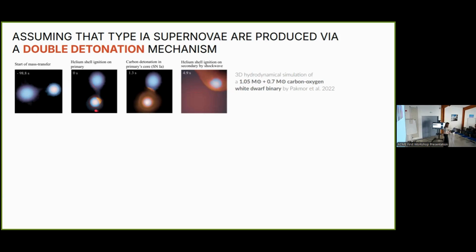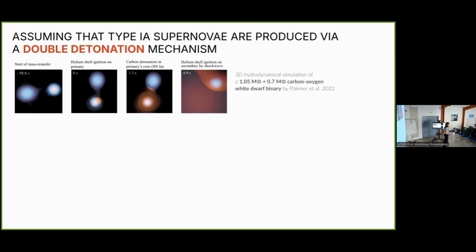What happens here is that the conditions are such that as the stream hits the primary, we reach the condition for the detonations. And this detonation happens on the outside, in the helium shell that ignites and then engulfs the primary white dwarf. You see that this happens in a matter of like 1.3 seconds. And in a few extra seconds, the primary burns completely. So we produce a type Ia supernova. This whole thing burns in a couple of seconds and leaves no remnant.